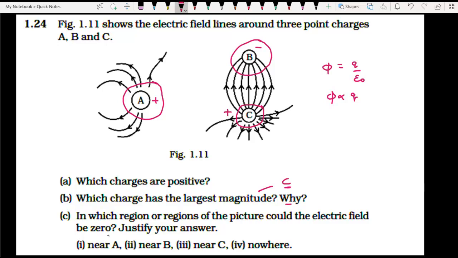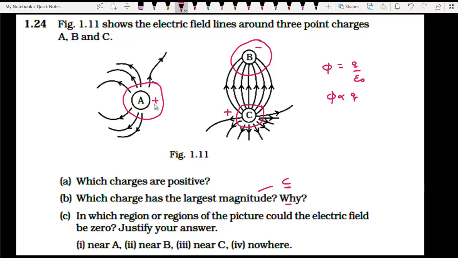So there I have told you that neutral points can't exist between unlike charges, so there cannot be any neutral point between A and B, and there cannot be any neutral point between B and C. So the only possibility left is that the neutral point can exist between charges A and C. Clear? And I have told you earlier that the neutral point will always lie near the charge with the smaller magnitude.